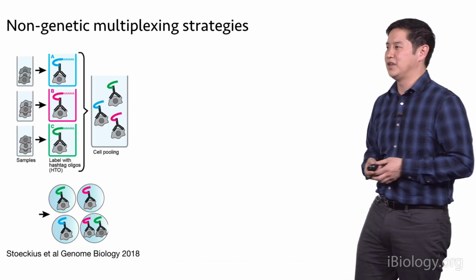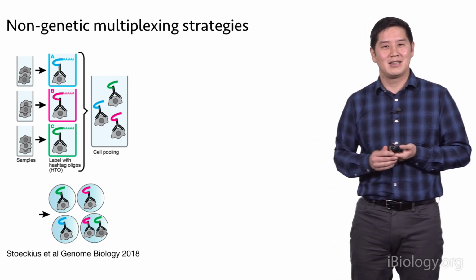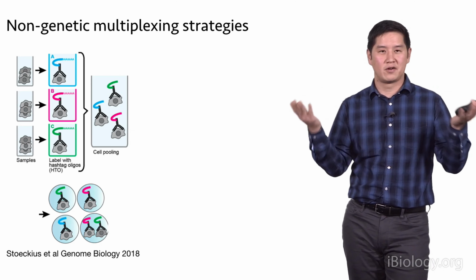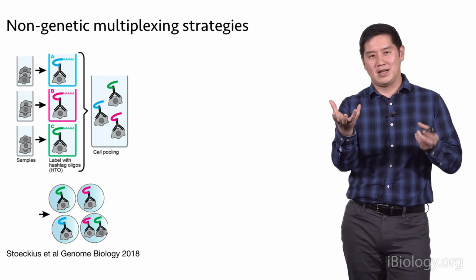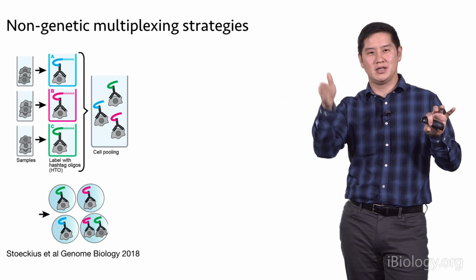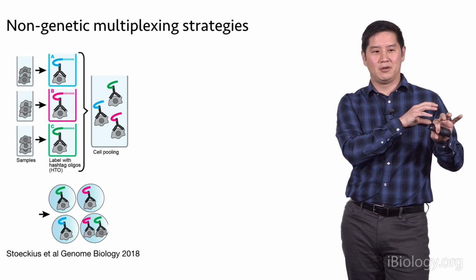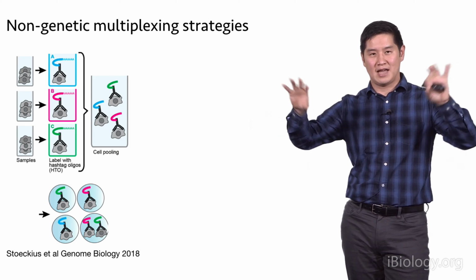And so there are a couple of non-genetic strategies that came out. The first one was from the same group that developed CytoSeq. They realized that if they use an antibody that binds to some type of universal surface antigen on cells, they could take that antibody and split it up into a couple of different aliquots, and in each aliquot, you can give it a different barcode. Then you can take your different samples and add them to these different aliquots of antibodies to allow them to bind.